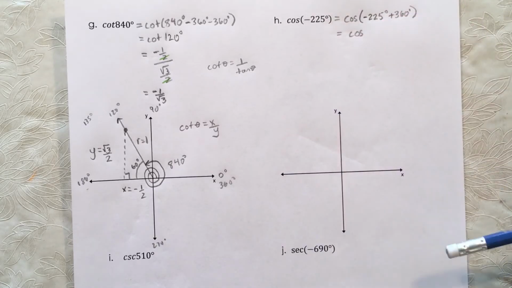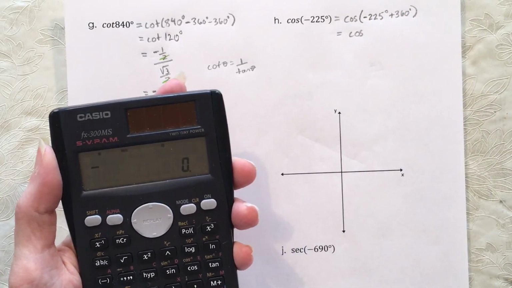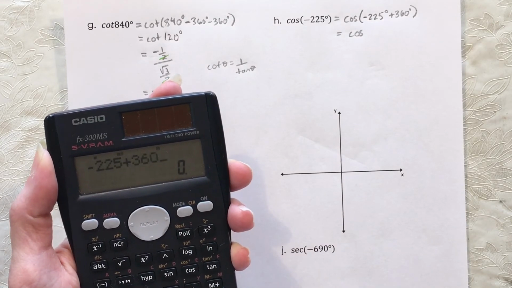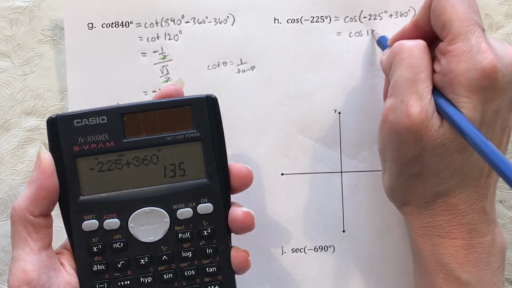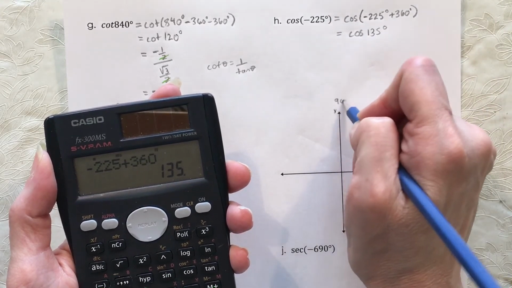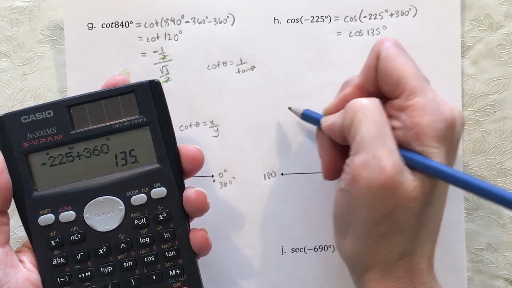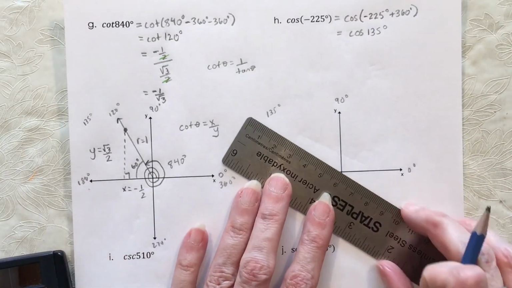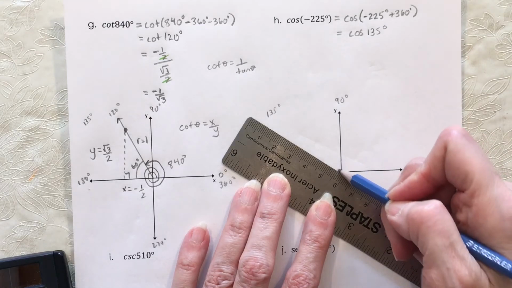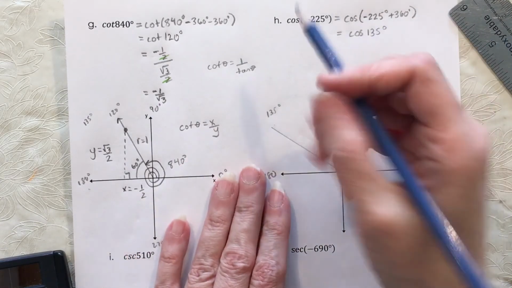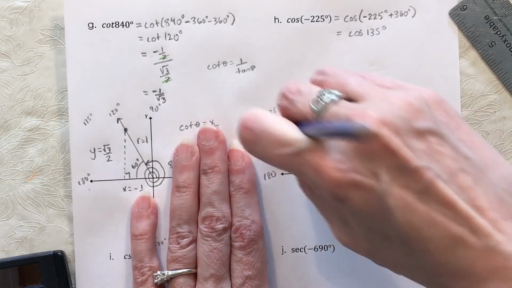So the cos of negative 225 is going to be the same as the cos of 135, which we know is the exact halfway point in here, in quadrant 2. Doesn't look quite halfway. I'll try it again.